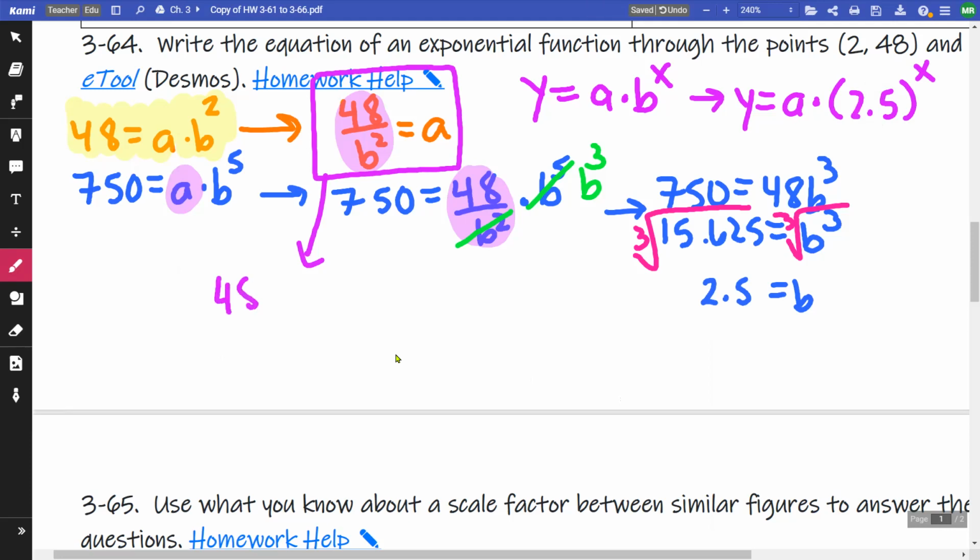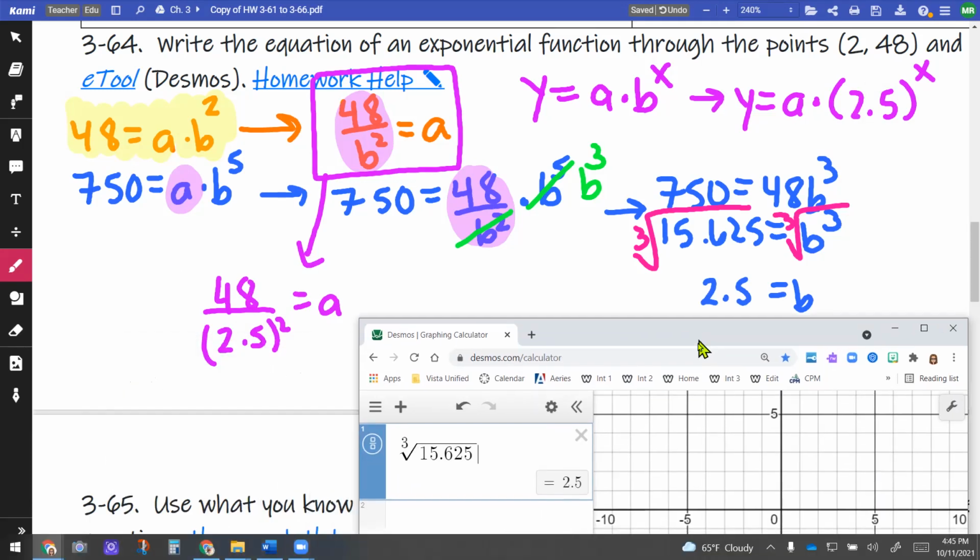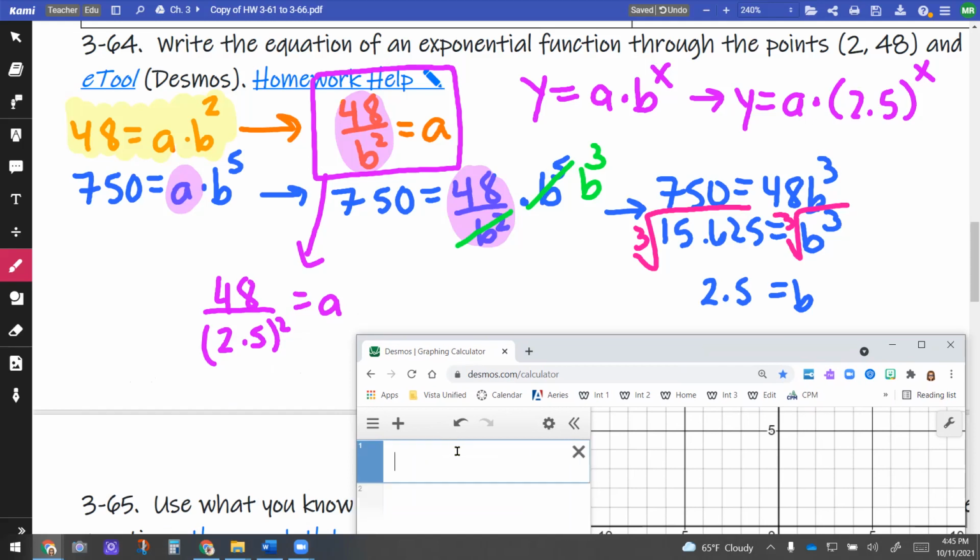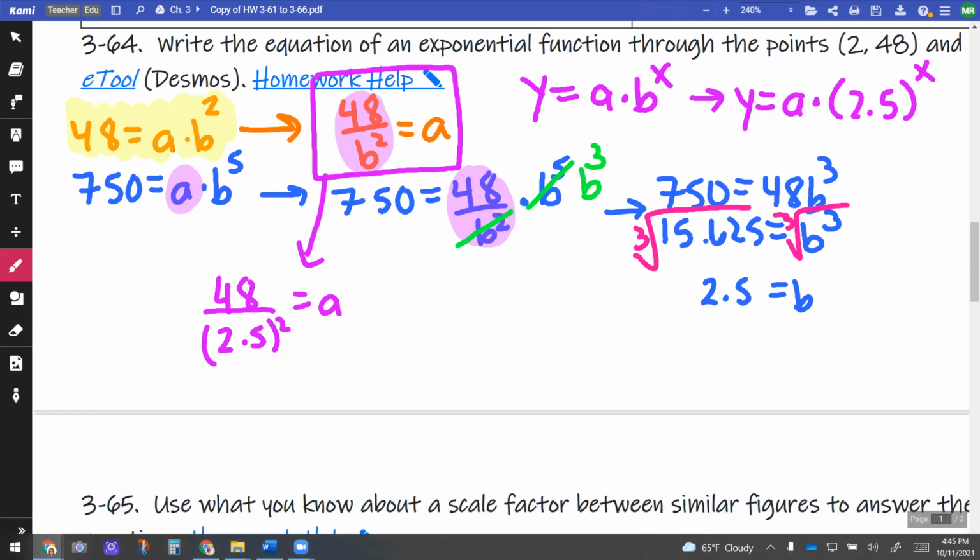So I'm going to go 48 over 2.5 squared is equal to a. And so let me clear this, and I'm going to go 48 divided by the quantity 2.5 squared, and I get 7.68.